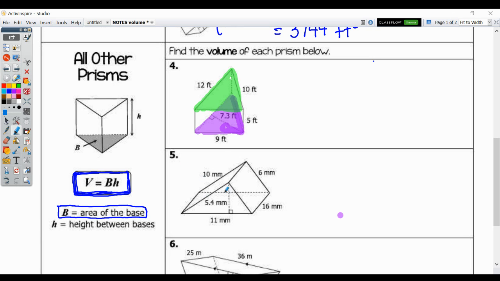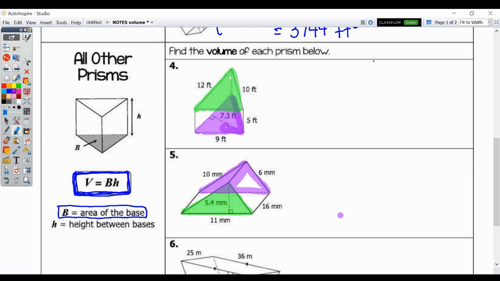Look at number 5. It looks like it's sitting with this rectangle on the bottom. But you don't call that rectangle your base. Your base is still going to be your triangles. This front triangle can be one of your bases, and this back triangle could be one of your bases.